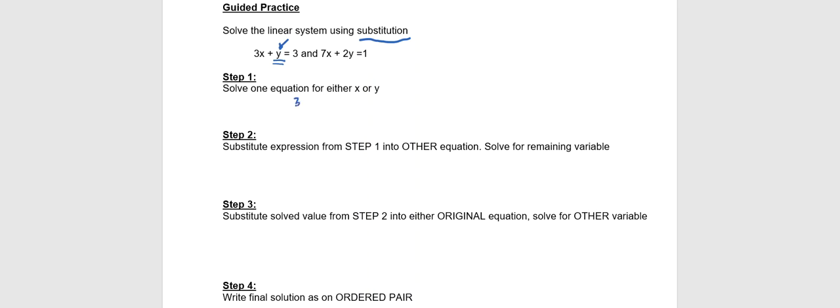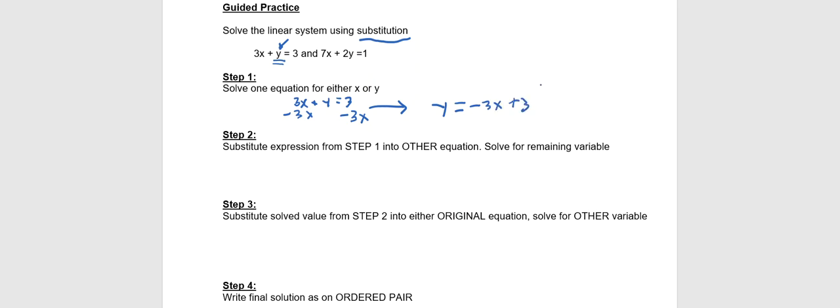So we're going to start with 3x plus y equals 3. And to solve it for y, we're just going to subtract 3x on both sides. What we want to do is basically get this equation to say y equals. So this is going to say y equals negative 3x plus 3.